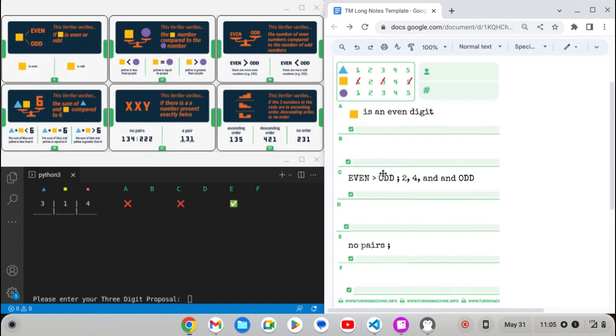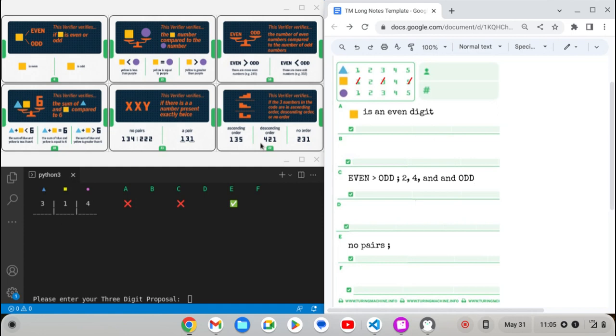So we haven't tested D, the sum of the first 2 digits, or F, whether there's order or they're ascending or descending. So if we're going with the idea that we have two evens, a 2 and a 4, and a random odd, is there anything that we can explore with triangle and circle that will lead us to that?